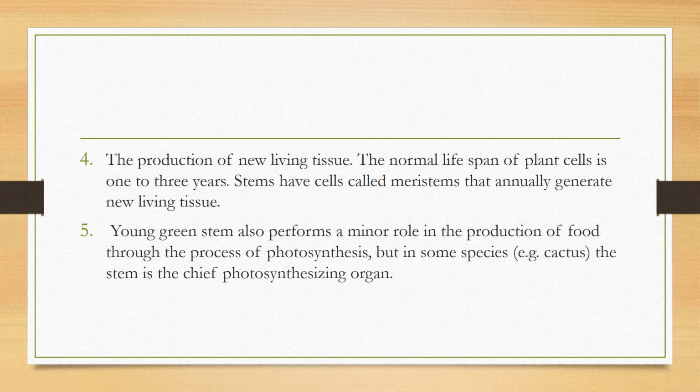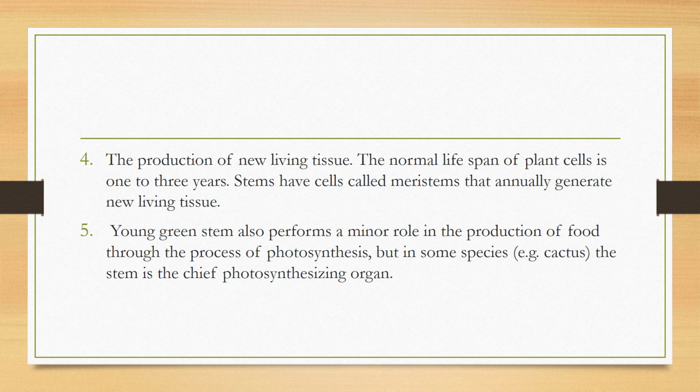The young green stem has green color, so it has chlorophyll in the early age of the plant. And also in some species of plant you can observe the stem has a green color. So this type of stem has a minor role in the production of food through the process of photosynthesis.